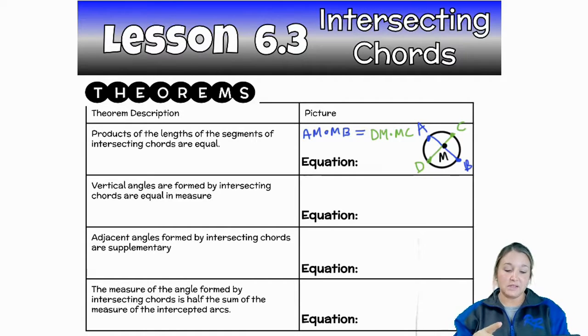Okay, so that's what that means. The products of the lengths of the segments of the intersecting chords are equal. So that's the theorem there.